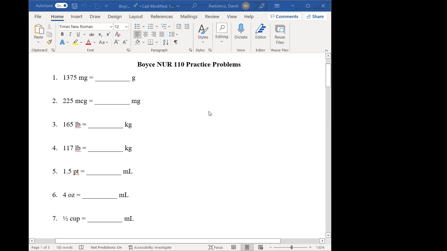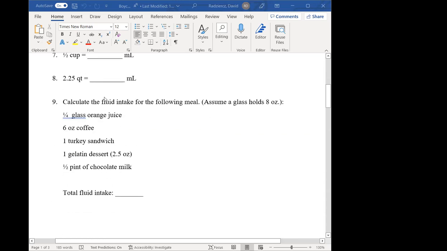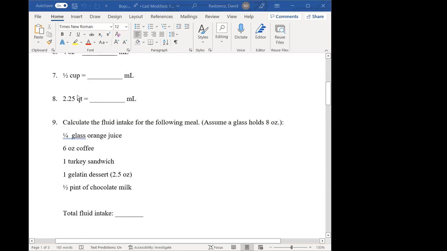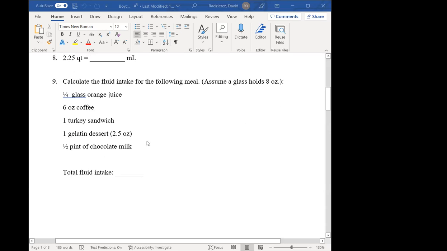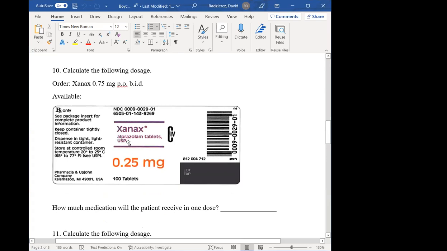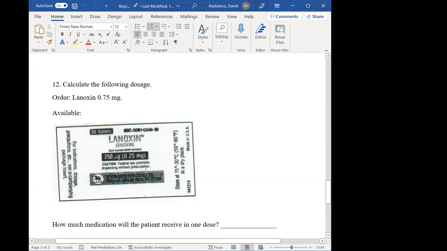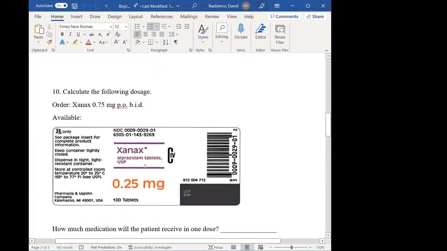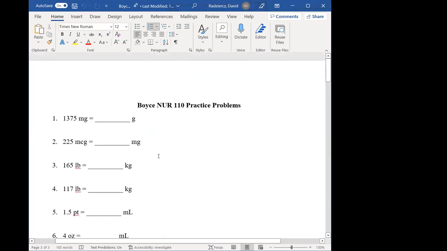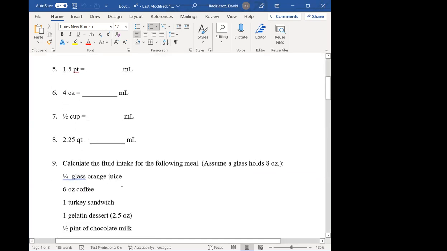It's made specifically for Boyce, particularly this question here, and then these cups and quarts and pints, because they don't typically do cups, quarts, pints, or the fluid intake question like this on the Allegheny version, but everyone's has questions that are similar to these 10 through 13. So just practice them. I will be adding more questions to them, and we'll review suspension type questions, and then I'll try to get some more of these types of questions put together.